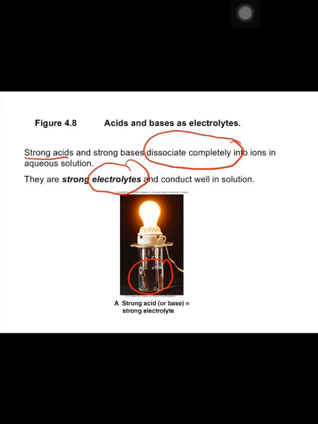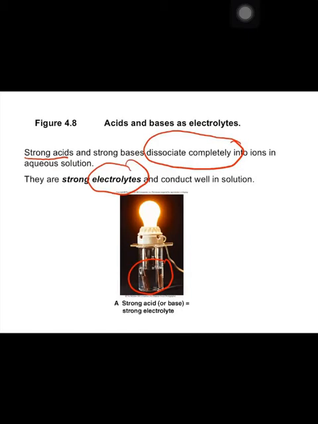Kenapa kita panggil strong electrolyte? It is because in this kind of solution, dia akan allow the movement of electrons. So bila electron boleh bergerak, it will allow the electricity to flow. So because of that, strong electrolyte will make a very good electrical conductor. Dia akan jadi pengalir elektrik yang bagus.